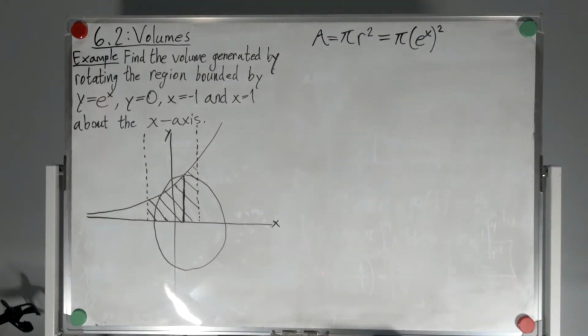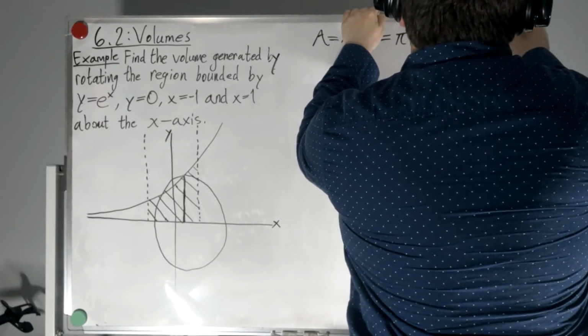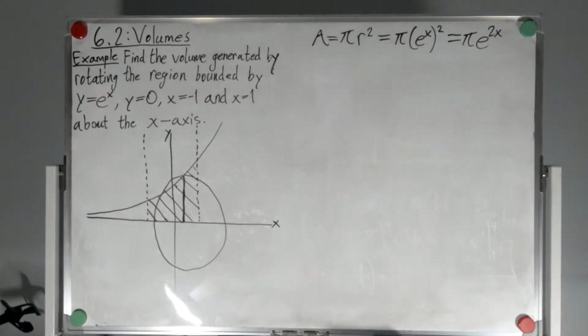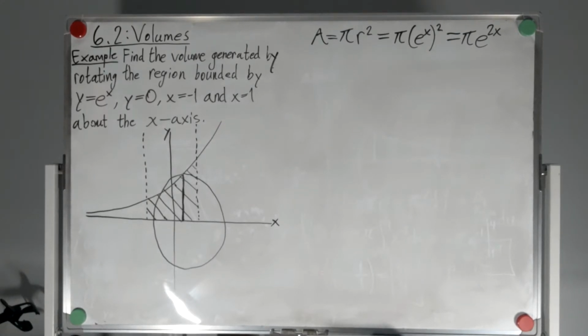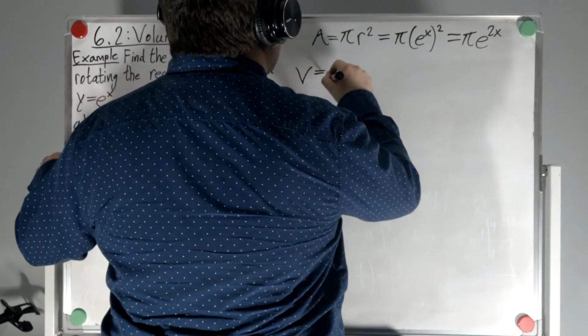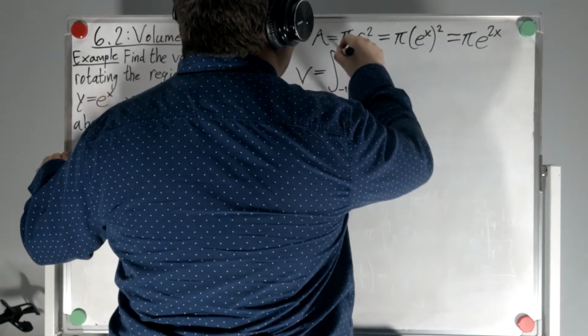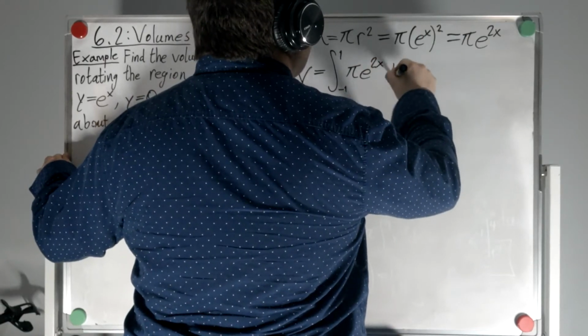In other words, pi e to the 2x. The volume we're looking to get from -1 to 1, so the volume is just going to be the integral from -1 to 1 of pi e to the 2x.